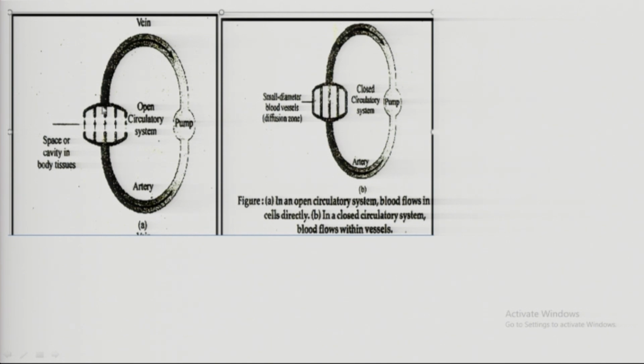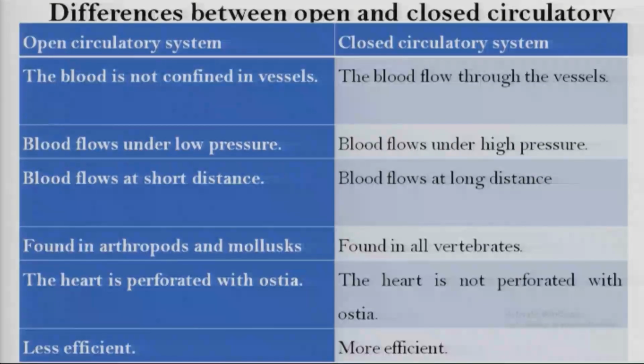And then when the blood needs to come again, it passes through the vein, then to the heart. Here it is for closed circulatory system, where blood is pumped, and then passes through the artery to the blood vessels. Because blood vessels are there, this one is closed. This one is what? It is open.